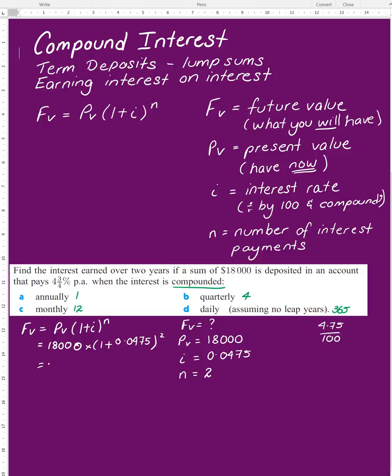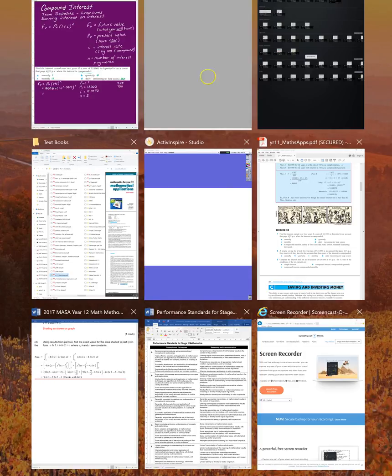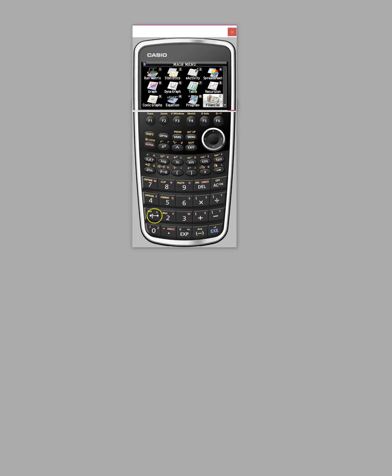And we just plug that straight into our calculator over here. Okay, so into normal run mode, and we're going to have 18,000 times (1 plus 0.0475), close bracket, to the 2.